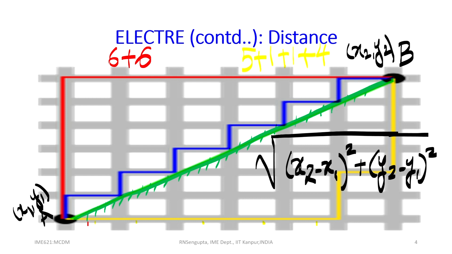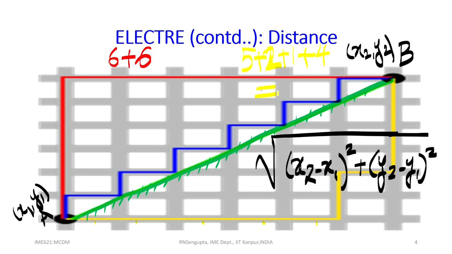Let me count if I have taken it correctly: 6 plus 6. And in the yellow one, let me count if I missed something: 1, 2, 3, 4, 5, plus it goes 2 up, sorry my mistake, it goes 2 up, then goes right 1, then goes up vertically again 1, 2, 3, 4.